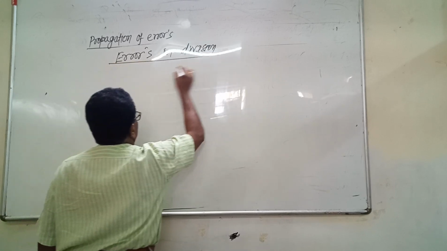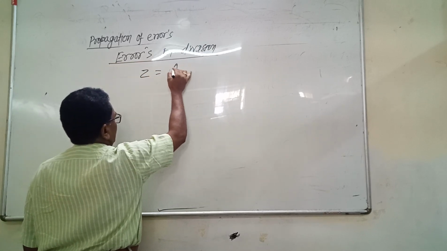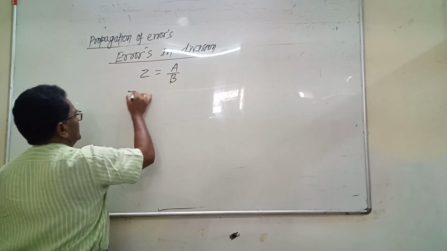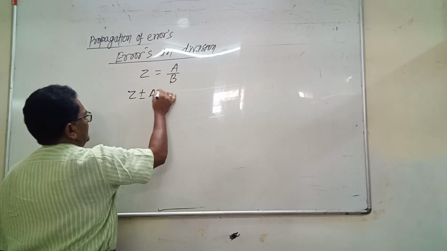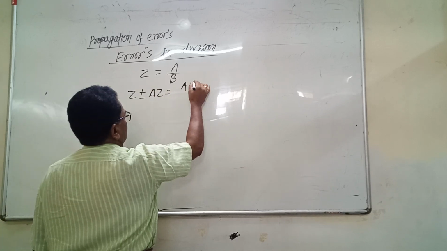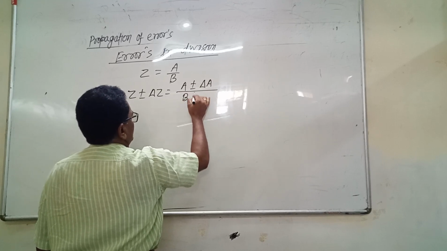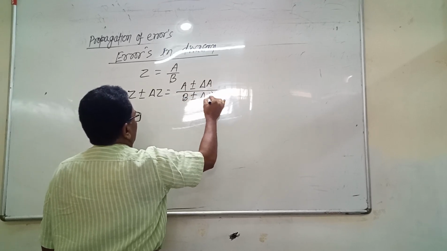The two quantities A and B are related by Z equals A by B. Again, write Z as Z plus minus delta Z, A is written as A plus minus delta A, and B is written as B plus minus delta B.